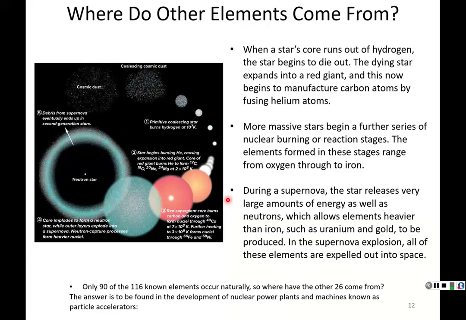And so that's all well and good. You can produce these in stars, but how do you get them on a planet? Well, you have to have a star whose ultimate fate is becoming a supernova. And when a star goes supernova, it essentially explodes. And when it explodes, all the elements that it has been making over the years and years of its life just get shot out into space.